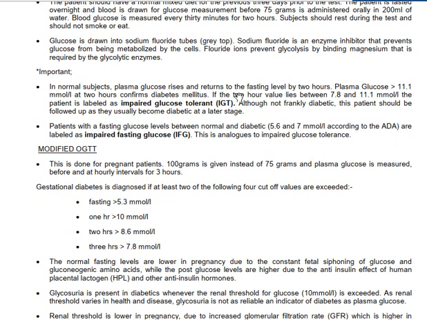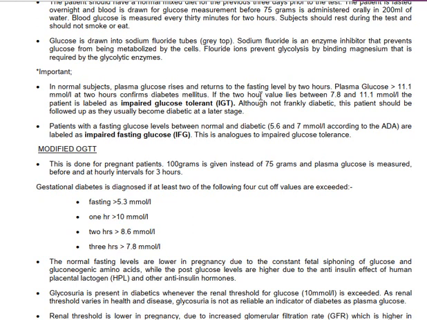Now the oral glucose challenge test is also very important to diagnose another state, which is called impaired glucose tolerance. Is it clear? So you can also have impaired glucose tolerance in a patient.